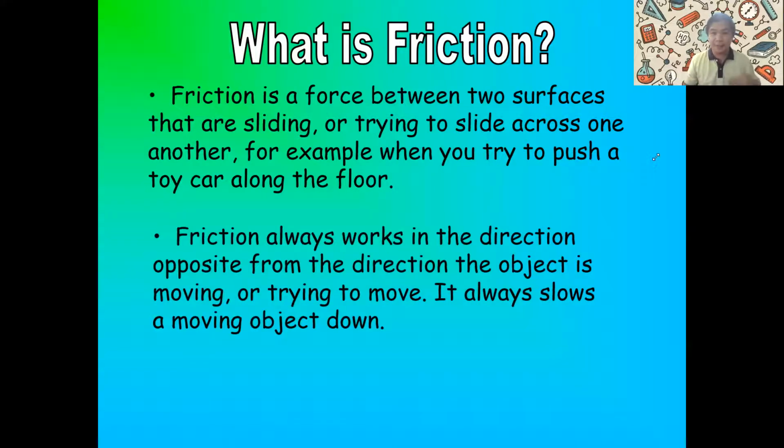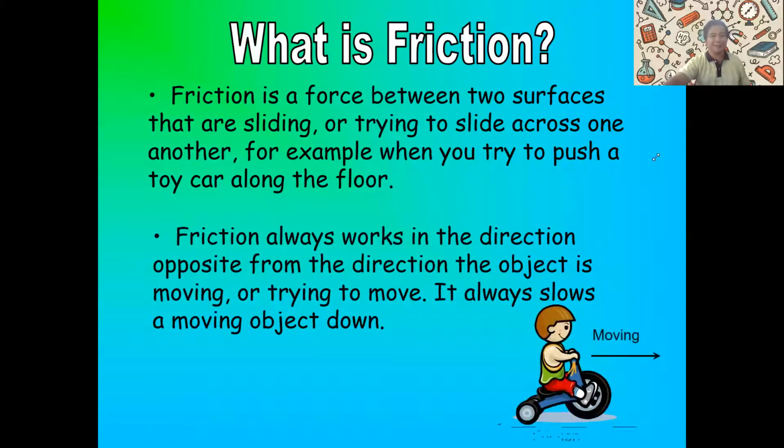If you're going to the left, the friction will go to the right and vice versa. It will always try to slow down a moving object. And that is friction, class. It basically slows down a moving object. If that person is moving to the right, the friction will move to the left.